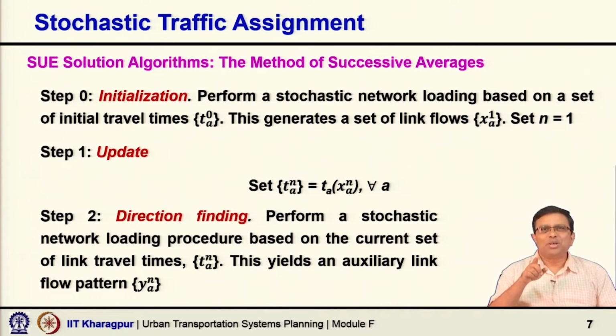So, not everything will be loaded along the shortest path, but all paths will get their share as per the travel time and the link cost function based on the current loading. That is the only difference, but otherwise this method of successive average is absolutely similar, no difference.